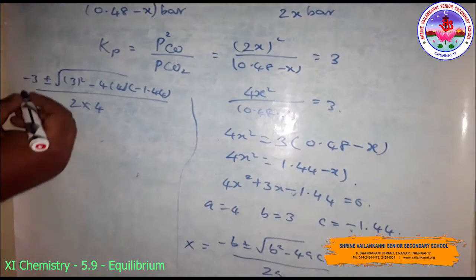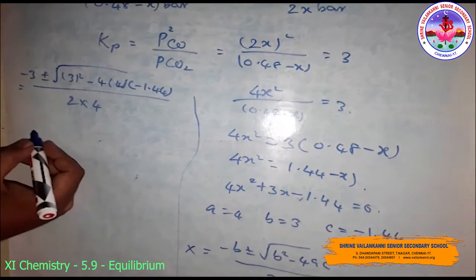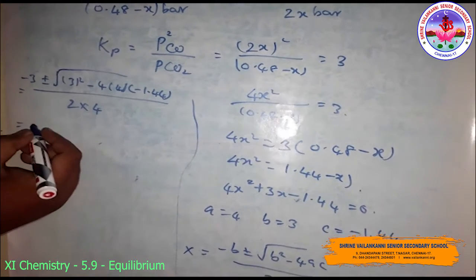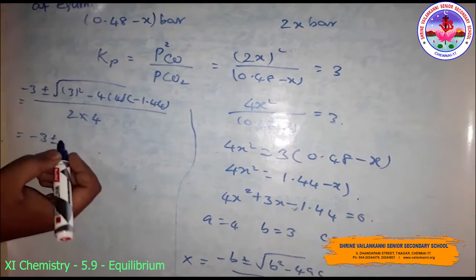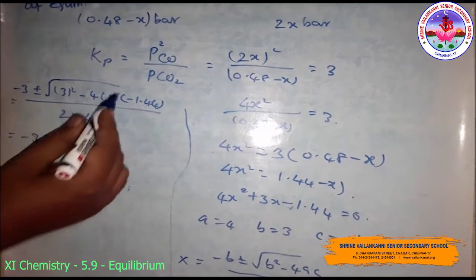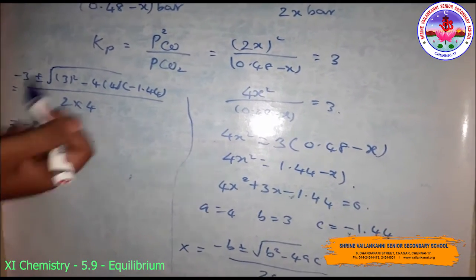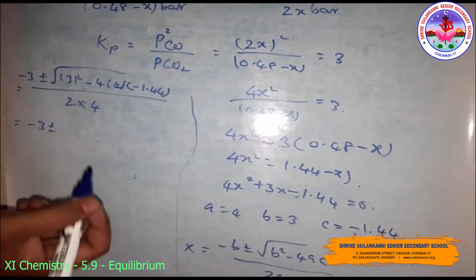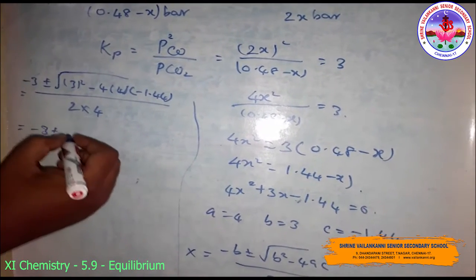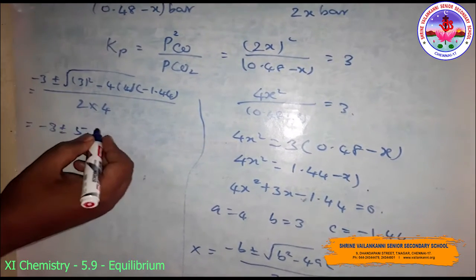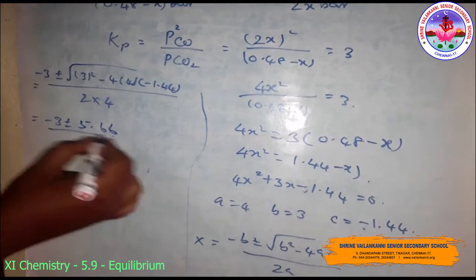So after simplifying, you will get minus 3 plus or minus the root. You have to simplify by a systematic method or using the logarithm table. You will get the value plus or minus 5.66, divided by 8.